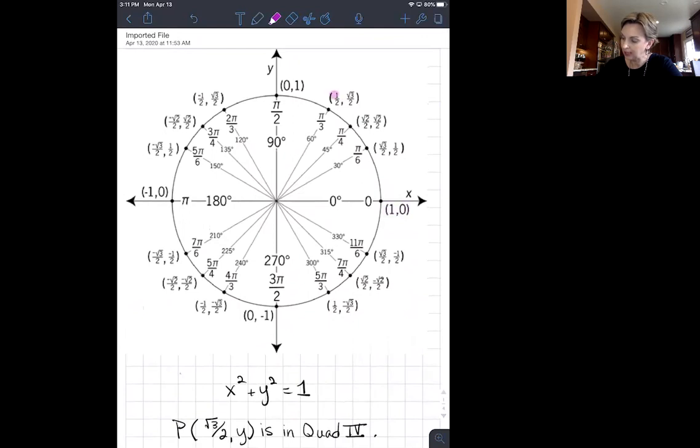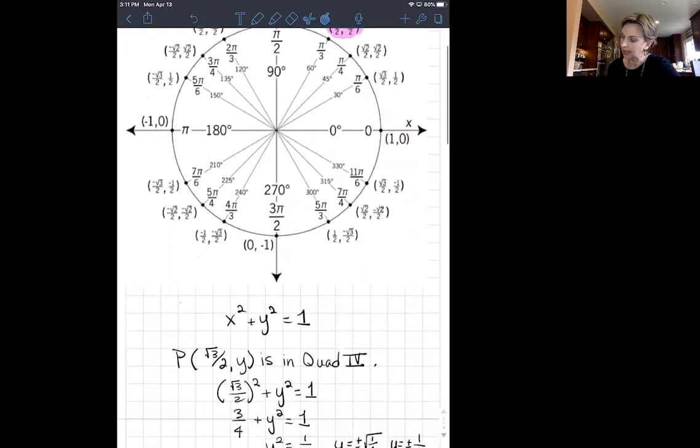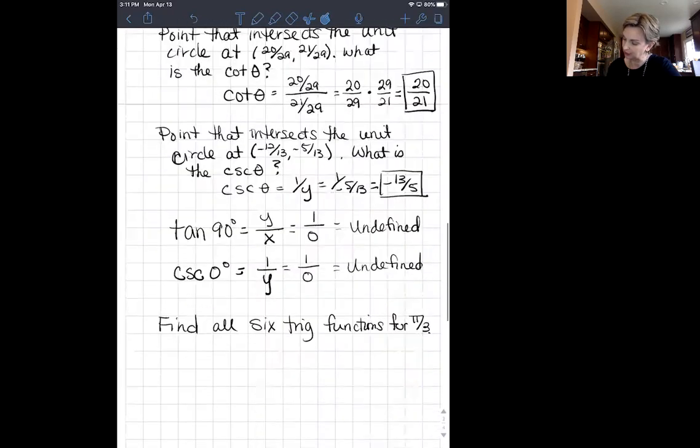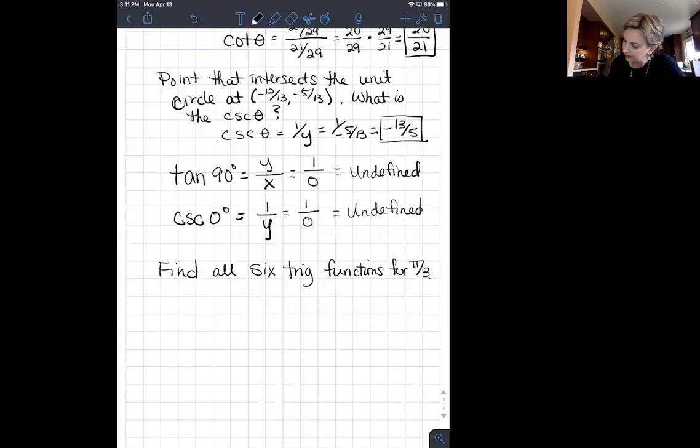Here are my values. My terminal point for pi/3: x is 1/2, and y is the square root of 3 over 2.